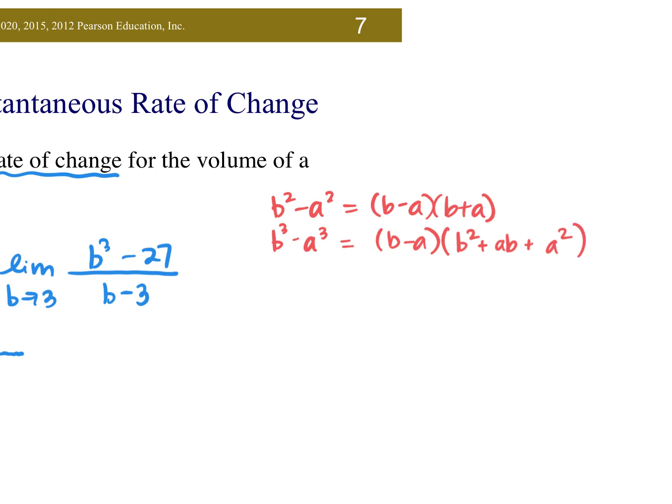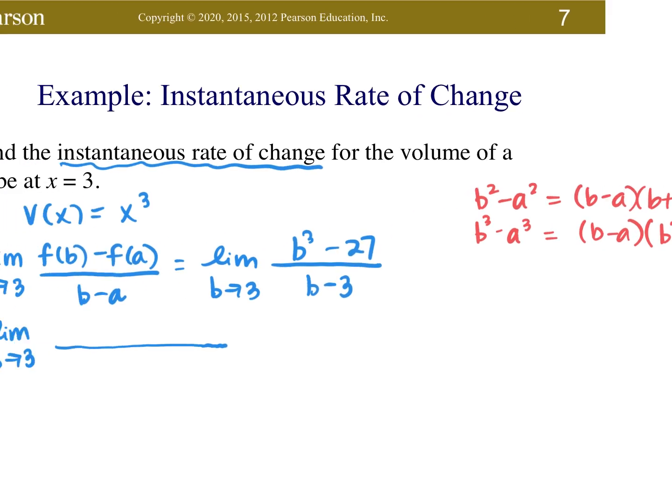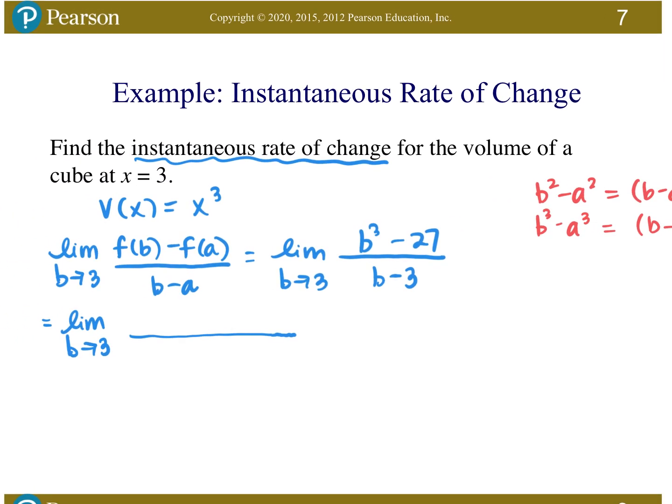Okay, that is the factoring pattern for the difference of cubes. So I can apply that to this limit. So my first one will be b minus 3. My next one should start b squared, and the end should be 9, because that's 3 squared. What should be in the center?